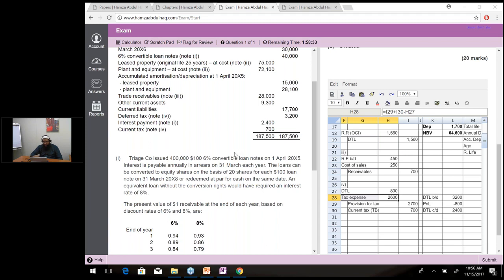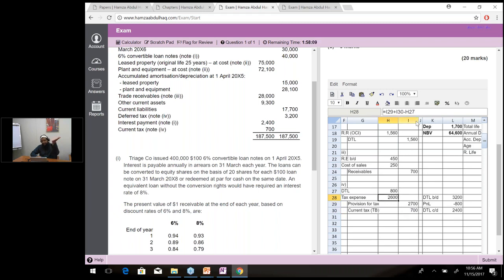Ahmed Junaid is asking what is 2700? Ahmed, 2700 is the provision for tax or the tax payable or the current tax current year. All the names are equal. Kuli wants me to repeat. Kuli, what we have done is actually the provision for tax of 2700 and the current tax of 700 will increase the tax expense.